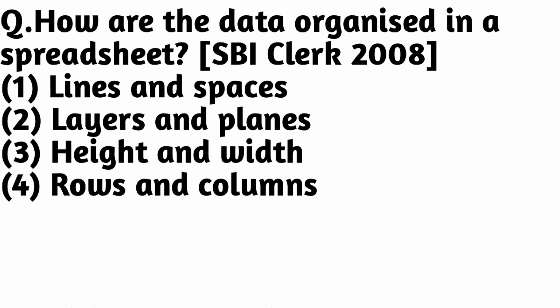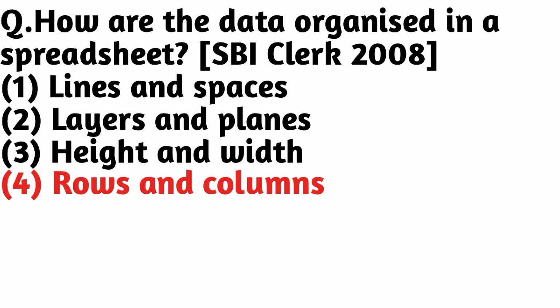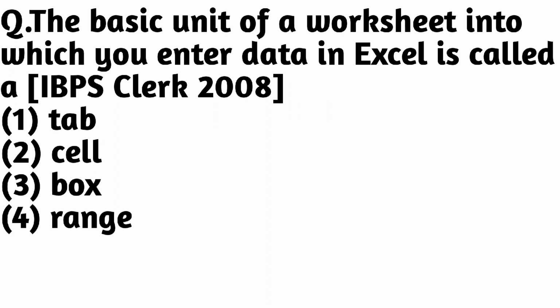Option 1 line and space, 2 layers and planes, 3 height and width and 4 rows and columns. The correct answer is option 4 rows and columns. Next question, the basic unit of a worksheet into which you enter data in Excel is called option 1 tab, 2 cell, 3 box and 4 range. The correct answer is option 2 cell.